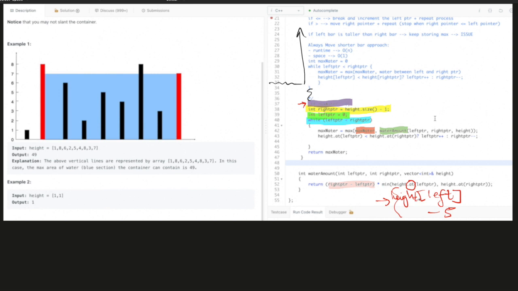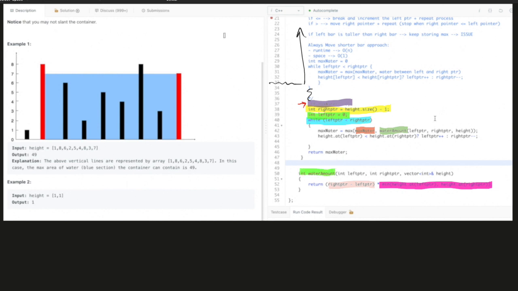Of course, in this example, we're never going to have left initialized to -5, but I think this is just a safer thing to do. So we just take the minimum of the two heights, which is basically what's happening over here. And yeah, that's how we calculate the amount of water in the container. So it's just height times the width. So that takes care of our water amount function.